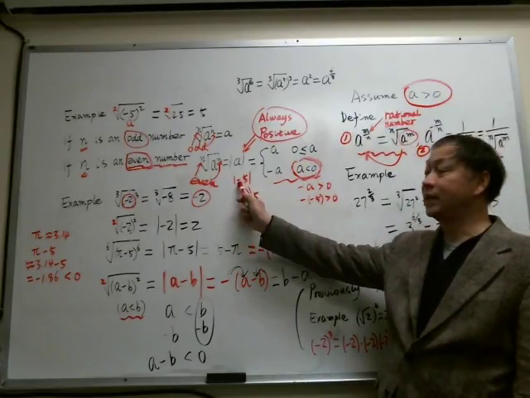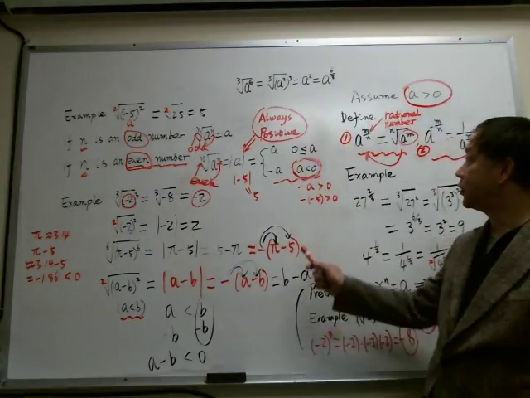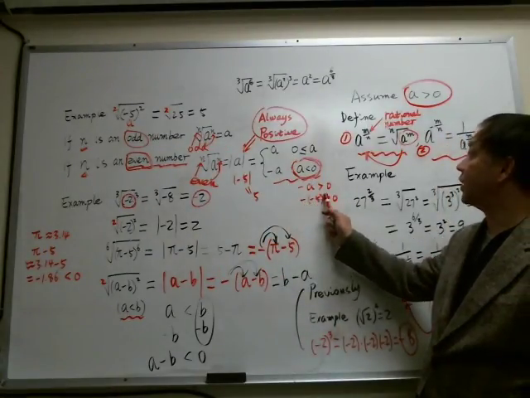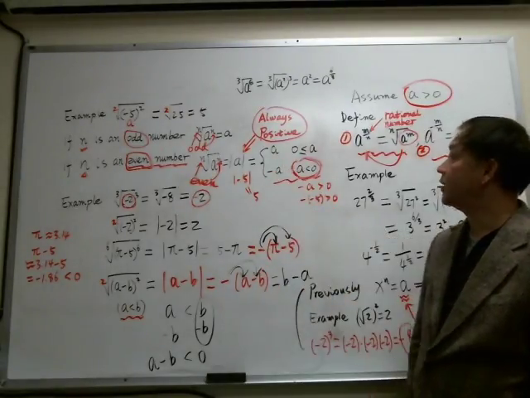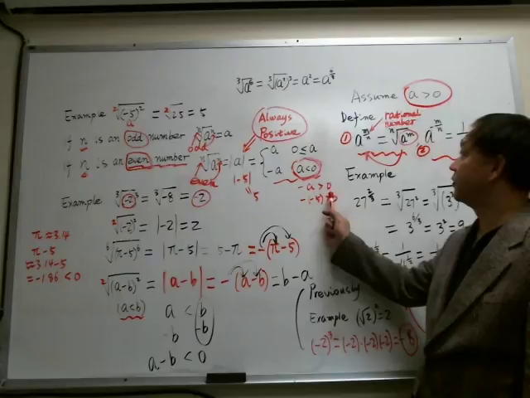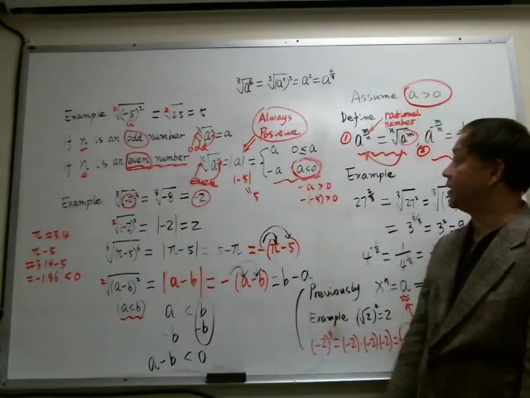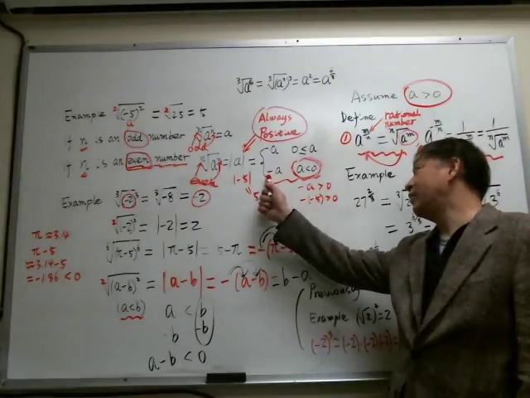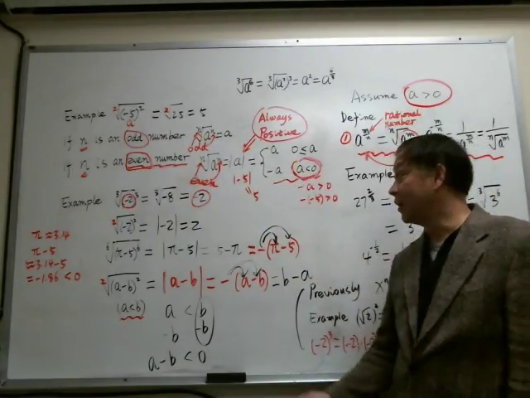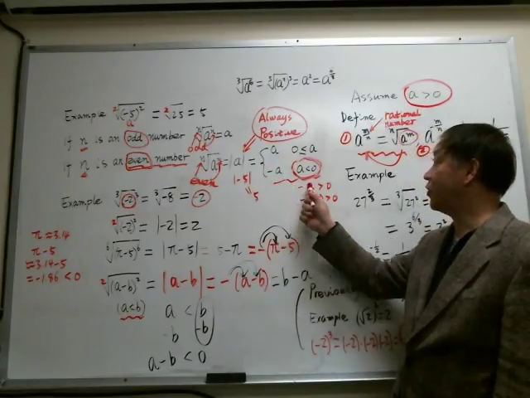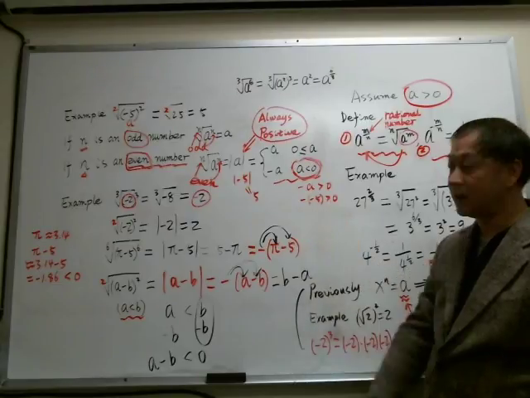Like our case here, negative 5 is less than 0, so you put a negative sign in front of a negative number, and negative a will come to be positive. This one actually stands for a positive number, like the case right here.